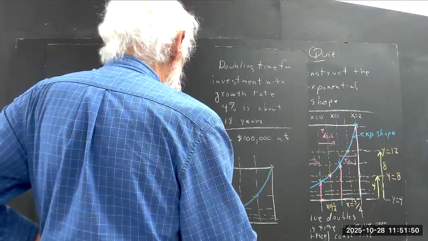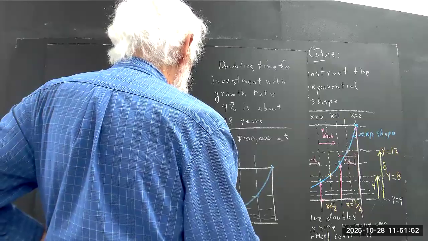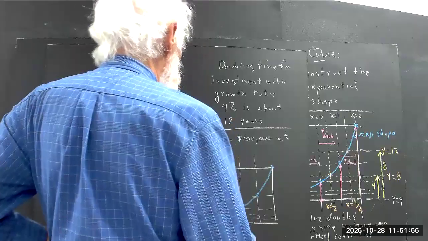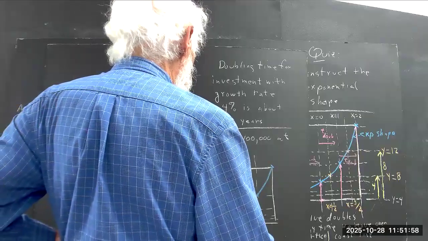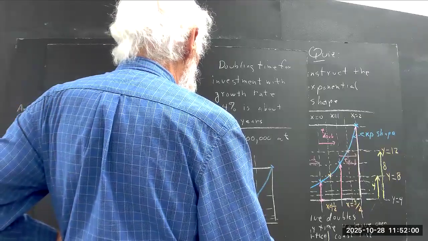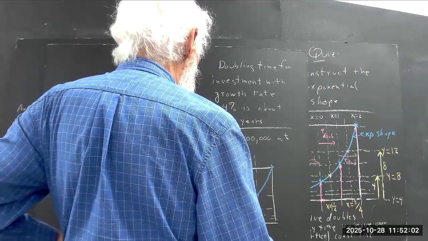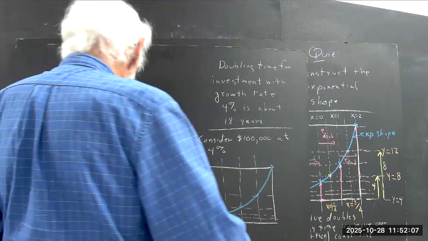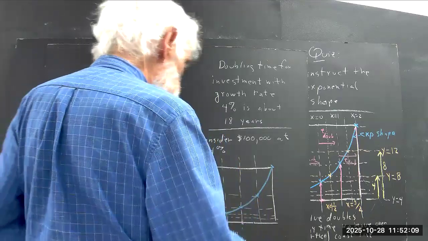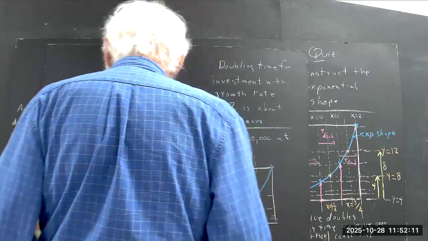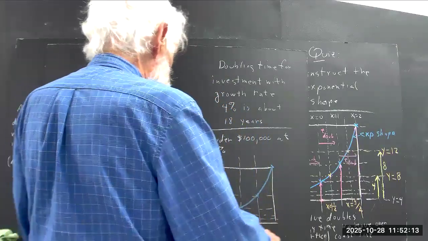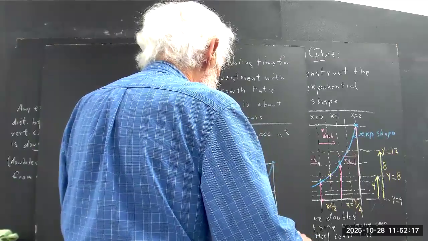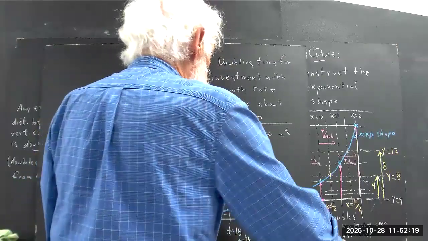T equals 0 here. T equals 18 here. T equals 36 here. Just to be sure I don't completely trust the camera, I'll put t equals 36 here.